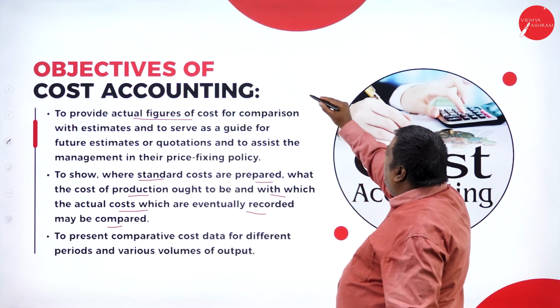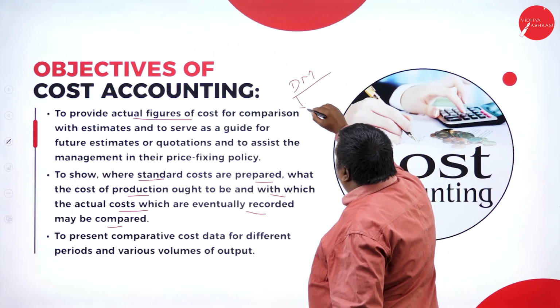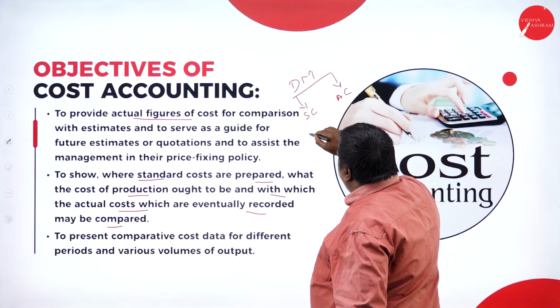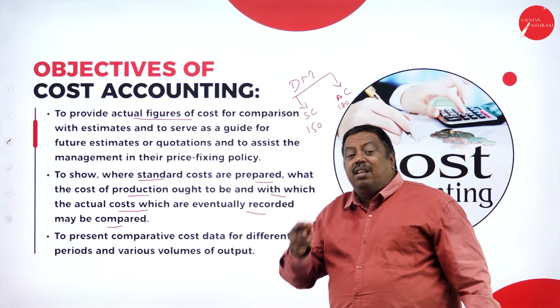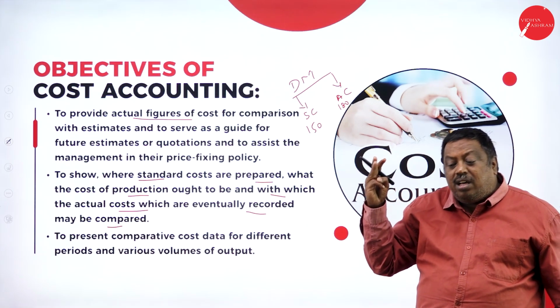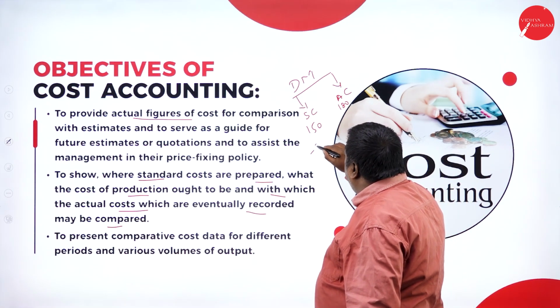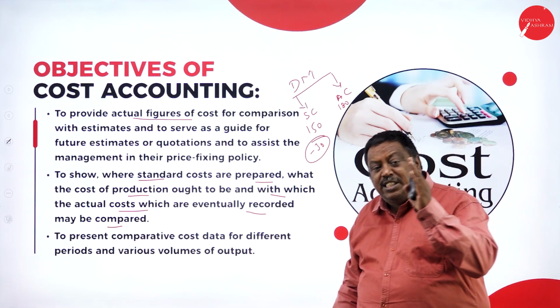For example, for direct material, you have fixed a standard cost and there is the actual cost. The standard cost was 150, here it is 180. So now 30 rupees is increased here. Why is it increased? It means we have a negative, minus 30. Minus 30 means unfavorable according to your fixed prices.